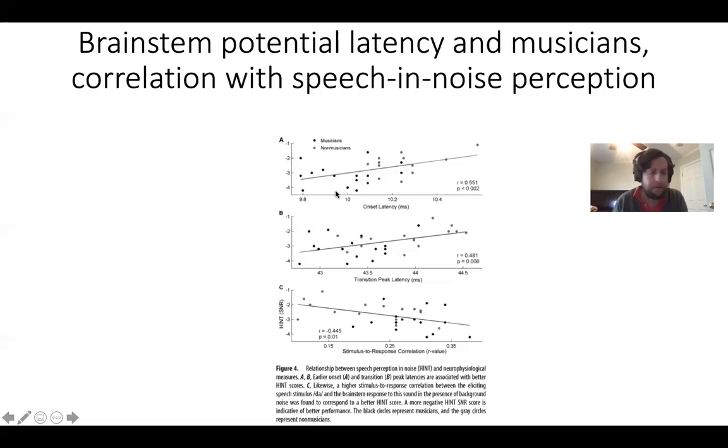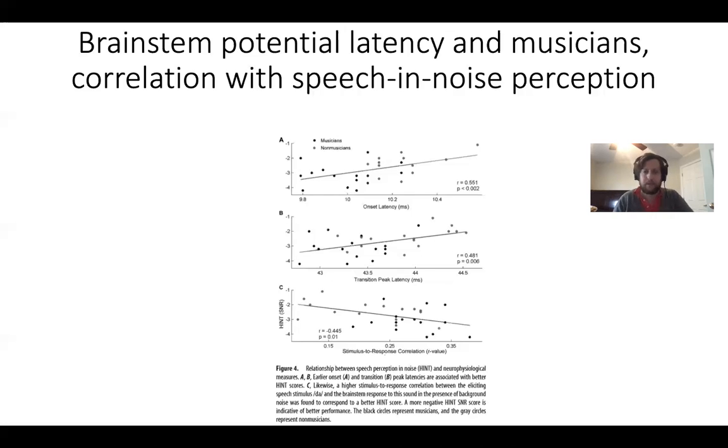Basically, the faster your brainstem response latency, the better you are at performing these somewhat difficult speech and noise tasks. The quicker that response occurs in the brainstem potential, the better your ability to hear speech sounds when they're embedded in a party or where there's a lot of talk or babble around you.